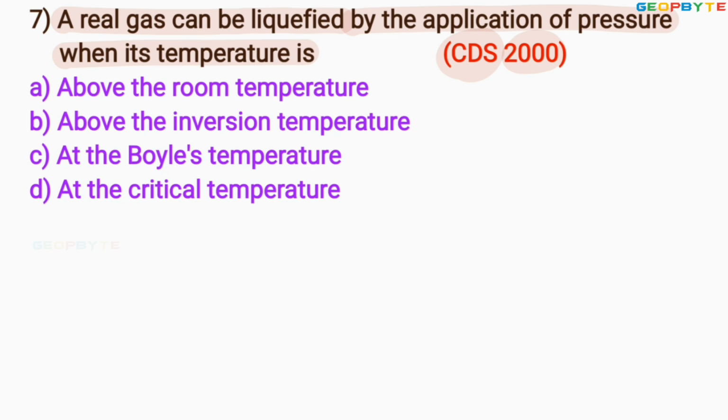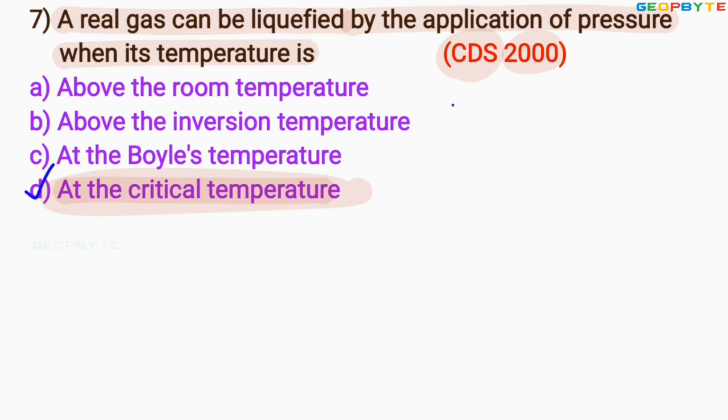Below critical temperature only the phase change from vapor to liquid is possible. Therefore, the correct answer is, he is asking at what temperature a gas can be liquefied. Definitely at or below the critical temperature. At the critical temperature or below it, the gas can go for phase change. Therefore, option D is absolutely correct.